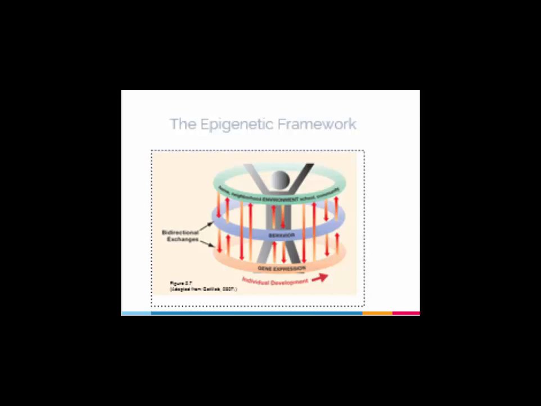So the example here is that you might have this kind of blueprint for your unfolding development, like brain growth. But if you're not in an environment that supports that, then that gene might not ever be expressed. The baby really inherits genes from both parents at conception.